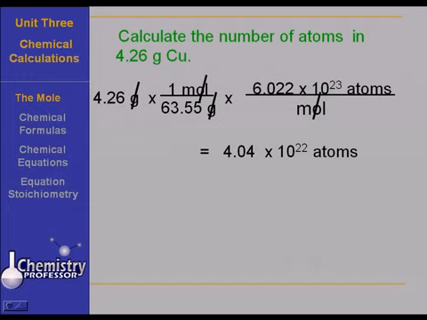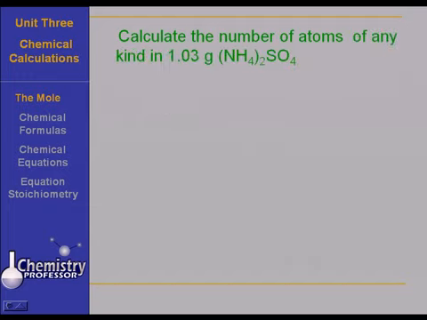Let's try one more problem. Calculate the number of atoms of any kind in 1.03 grams of ammonium sulfate. Well, we start with our 1.03 grams, and we get this to moles. It's times 1 mole over 196 grams.